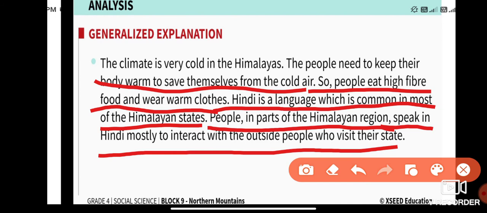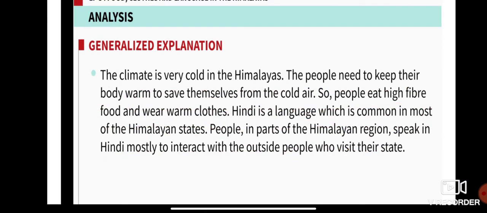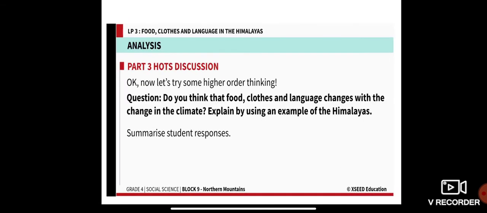Suppose people from the northeast visit the Himalayan region, the main language we will be using to communicate with them is Hindi. They speak Hindi mostly to interact with the outside people who come to visit their place. I hope you get it.